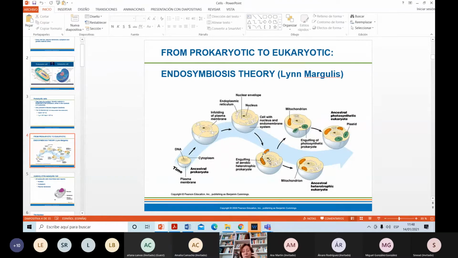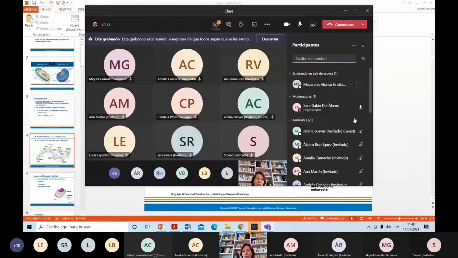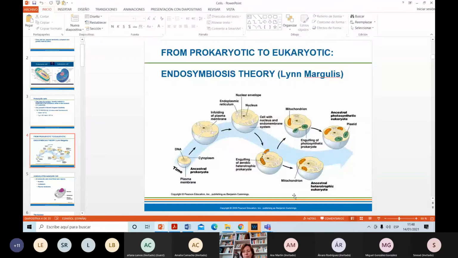So it's going to be the chosen one, selected by nature, and is going to go on evolution because it already has other cells that are going to help her producing energy. So it's going to be easier for her to produce energy. Okay, so this one is going to evolve and I already have a eukaryotic cell.